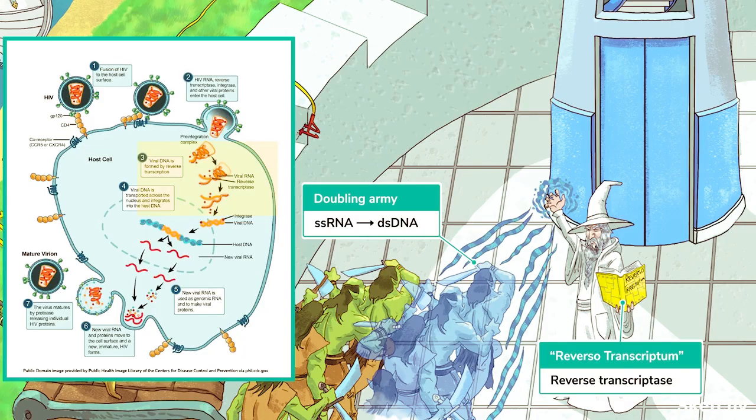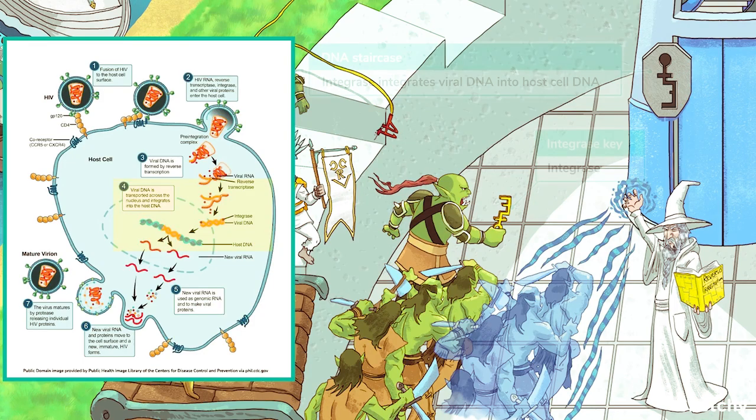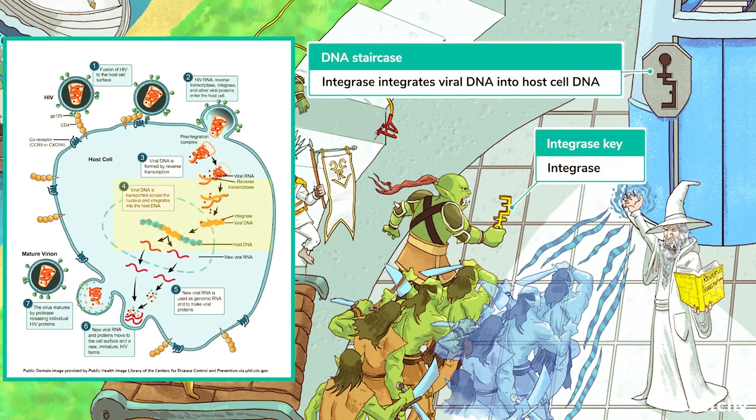double-file DNA army. Next comes integrase, yet another product of Paul the blacksmith. This enzyme integrates the newly formed viral DNA into the host cell genome. Integrase will be represented by the keys the blacksmith produces to unlock the DNA tower, so that the wizard's double-stranded DNA army can infiltrate.